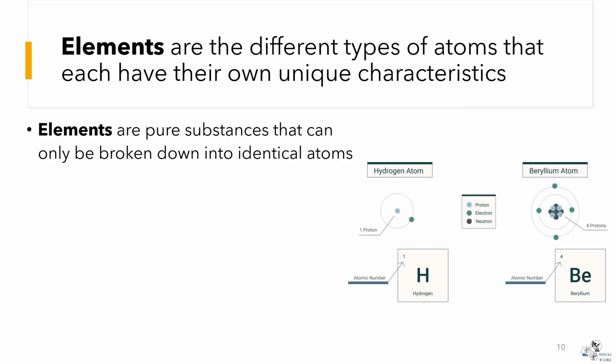So elements are the different types of atoms that each have their own unique characteristics. So we can put a bunch of atoms with 1 proton together, and we call that hydrogen. Hydrogen can be just one of those atoms, or it can be 1,000 of them together. So they are pure substances that can only be broken down into identical atoms that all behave the same way.